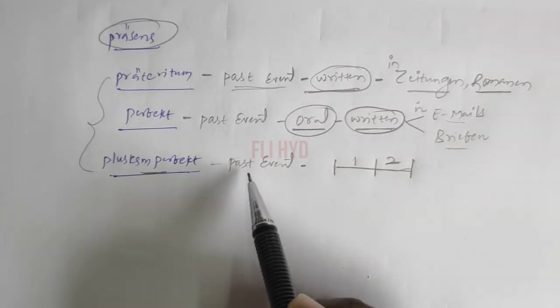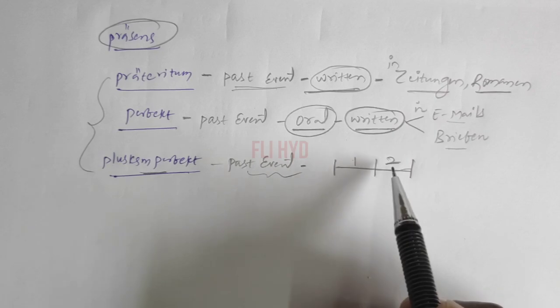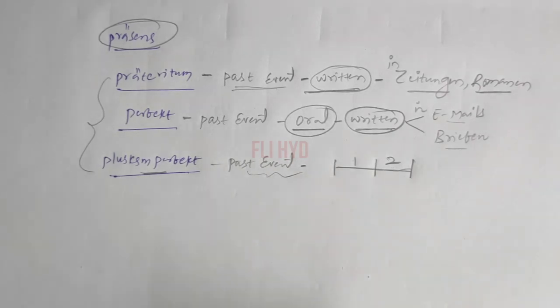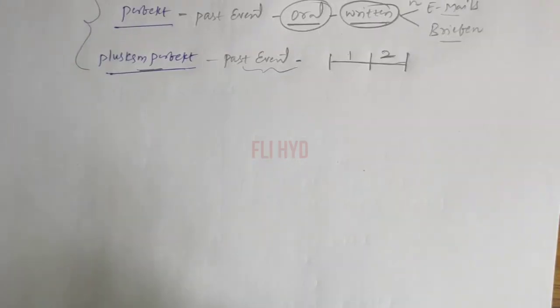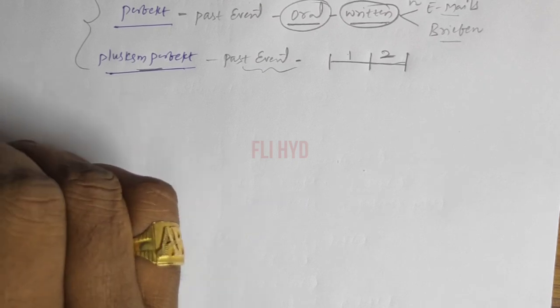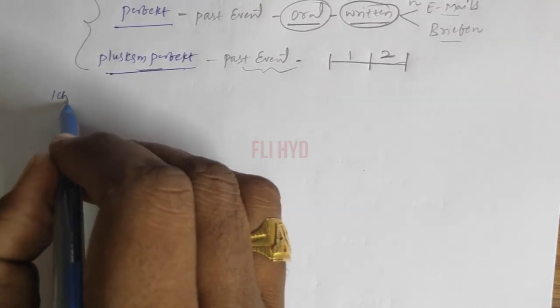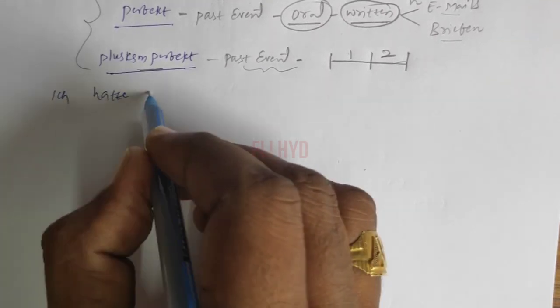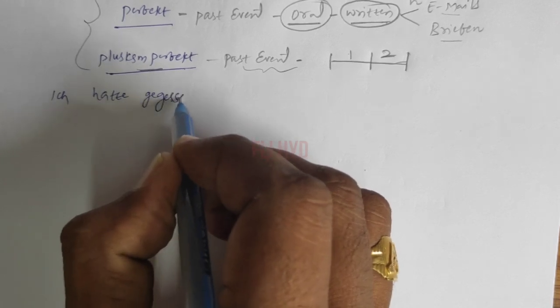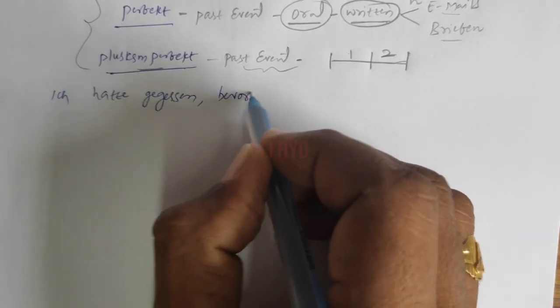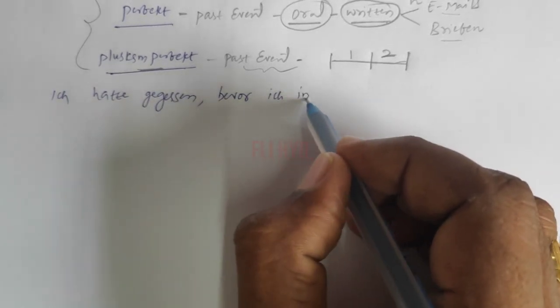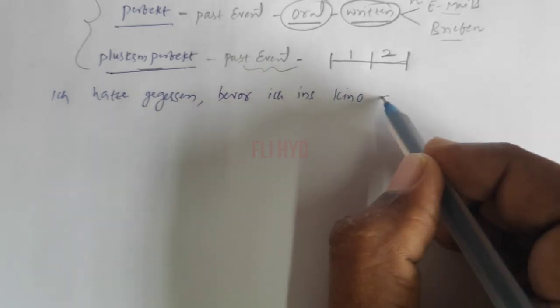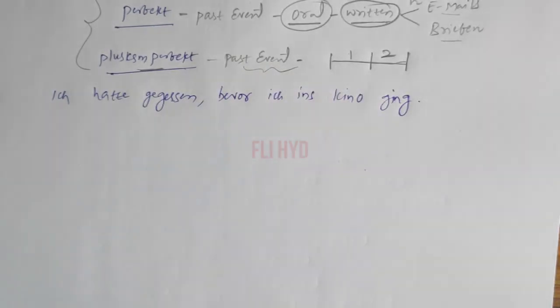Now we'll see some examples, how two actions happen in the past and how we write this Plusquamperfekt. For example, "Ich hatte gegessen, bevor ich ins Kino ging." Ich hatte gegessen before ich ins Kino ging.